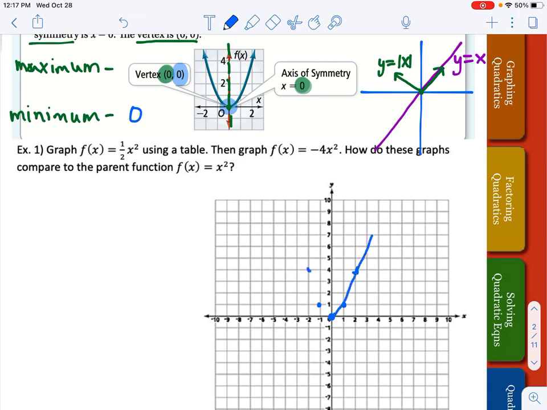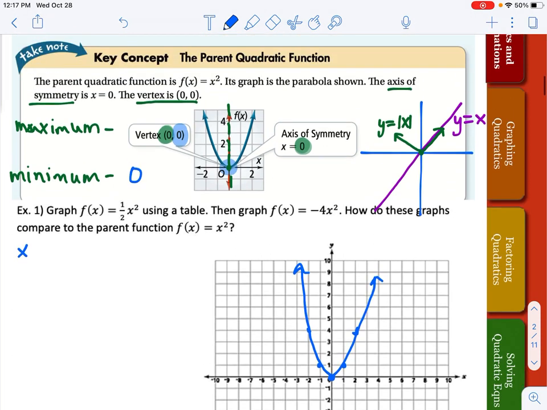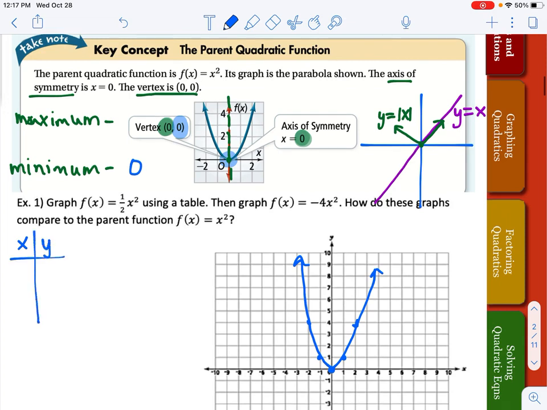You'll notice if I made a table for the parent function, it would be x and y. I always start by putting my vertex point in the middle of my table, and then it would be, say, -2, -1, 1 and 2.